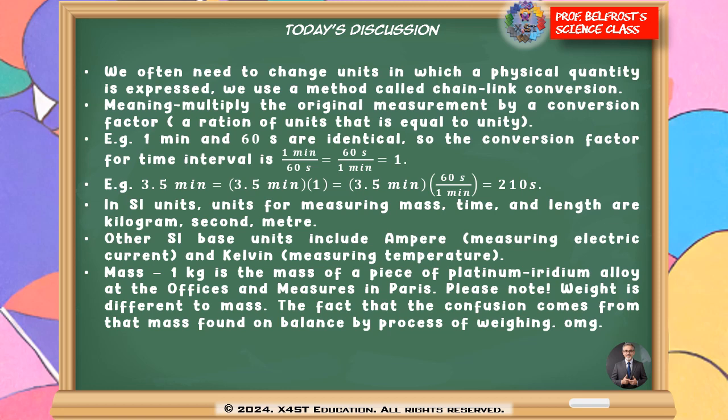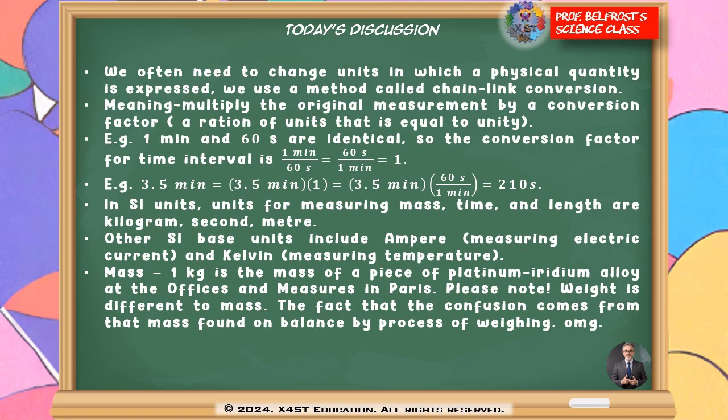For example, we have 1 minute and we have 60 seconds. If we express it literally, the numbers 1 and 60 are different, and minute and second are different, but actually it represents the same quantity. So the conversion factor for this time interval is 1 minute over 60 seconds equal to 60 seconds over 1 minute equals 1.